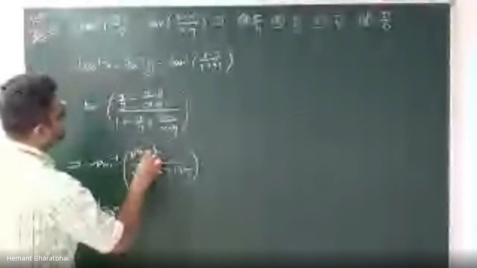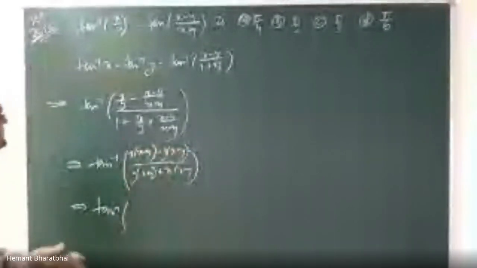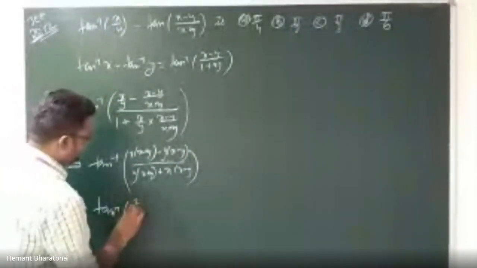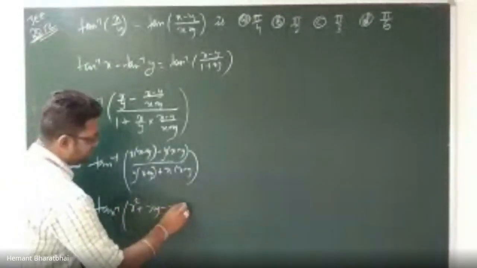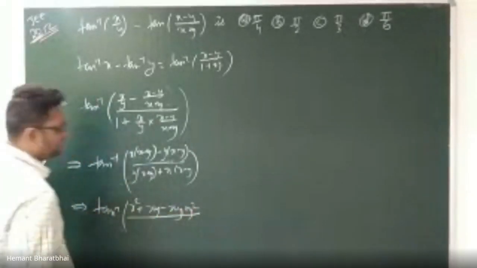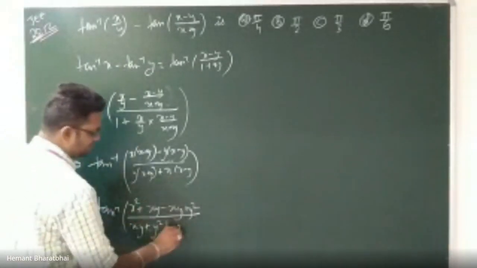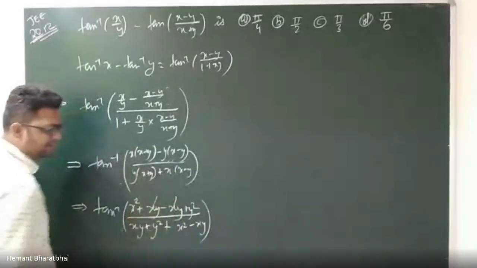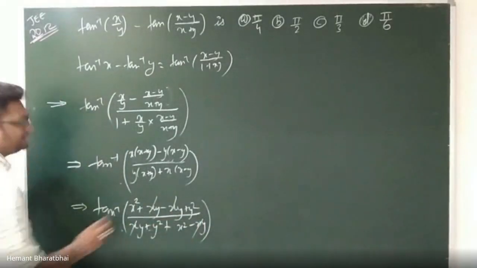When I take LCM, the numerator will be x into (x plus y) minus y into (x minus y). So I'll get x square plus xy minus xy plus y square, upon xy plus y square plus x square minus xy. Plus xy minus xy gets cancelled over here, and here also plus xy minus xy gets cancelled.